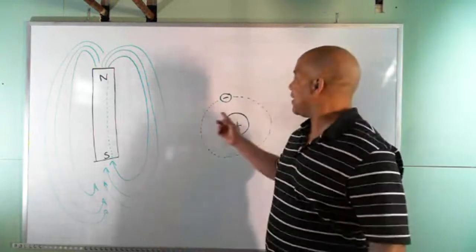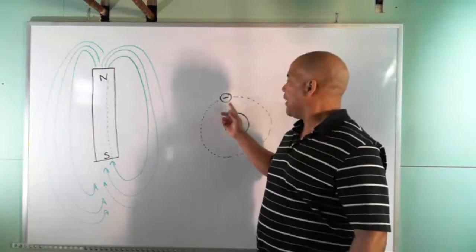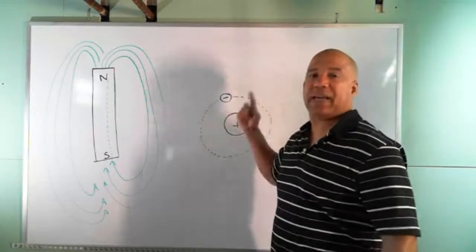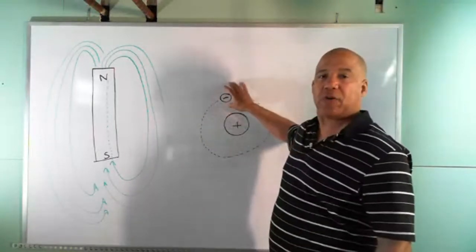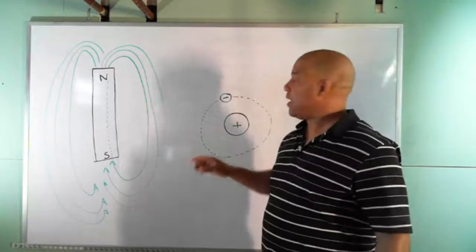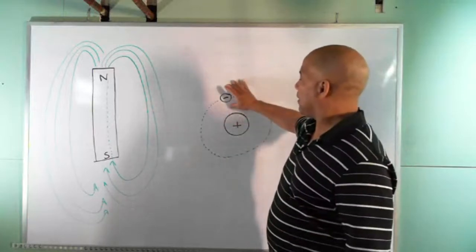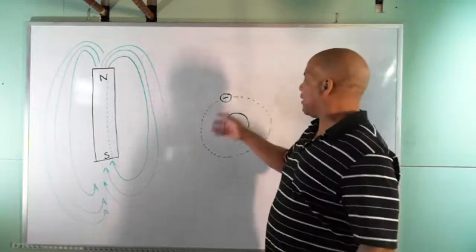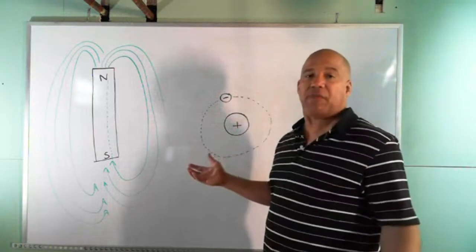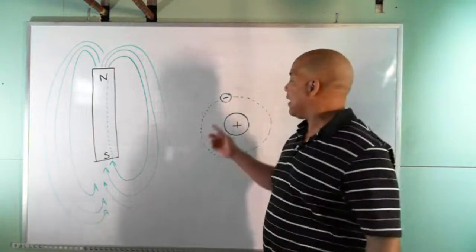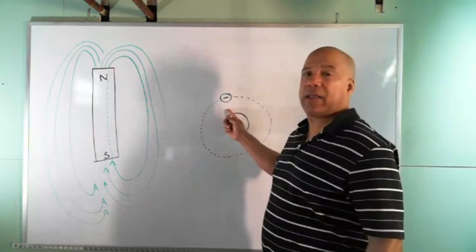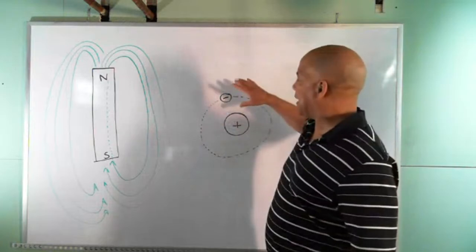And so if the electron were not revolving, just spinning, it would create a magnetic field around it because it's spinning. If it were just revolving and not spinning, it would create a magnetic field around the atom because it's revolving. Both revolving and spinning constitute a current. Therefore, it creates a magnetic field.